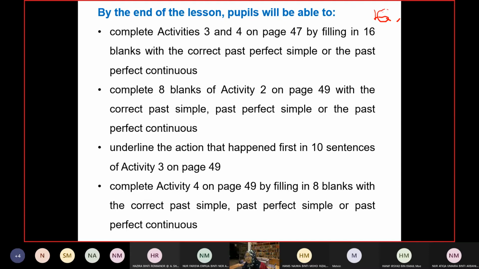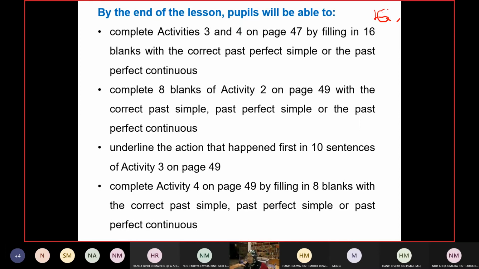So, what is the use? What is the purpose? Apa beza dia dengan yang pertama? Alright, we use the past perfect continuous for yang baru masuk tu. Please turn to page 166. Alright, we use the past perfect continuous for an action that started in the past and was still in progress when another action started or when something happened.